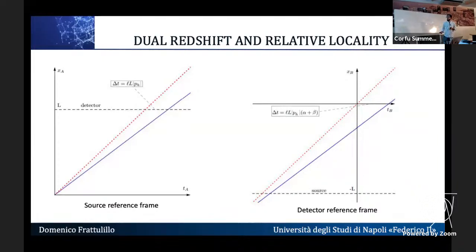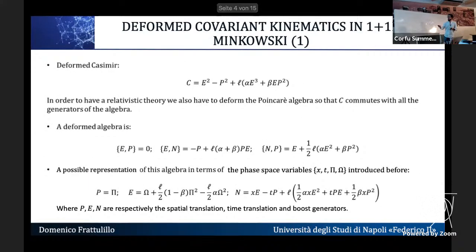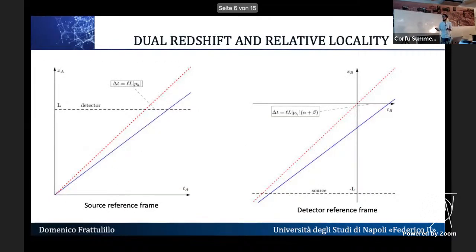But according to an observer that is local to the detector, the emission is not simultaneous, and this is due to the fact that we have deformed the translation generators, and so the action of the translation on the world line is momentum dependent, and so world lines with different momentum will be translated differently, and so we will have a relative locality effect, and the correct time delay is this one, and not this one that is calculated in the wrong reference frame.